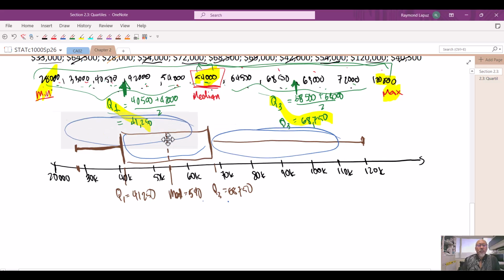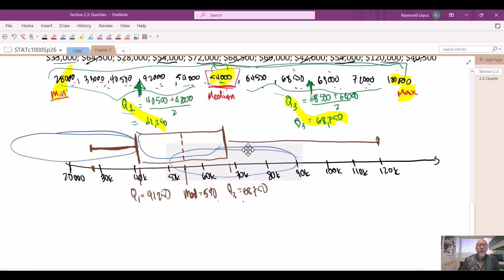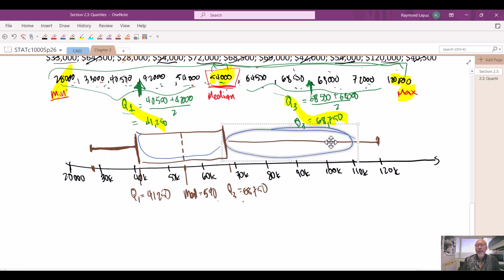If we do it to the left, you'll see everything here is going to be covered. But if you do it to the right, it looks like that last number here, the 120,000, is way out of reach from picturing about 1.5 times that box. So this is just a rough idea of what the IQR can do for us.